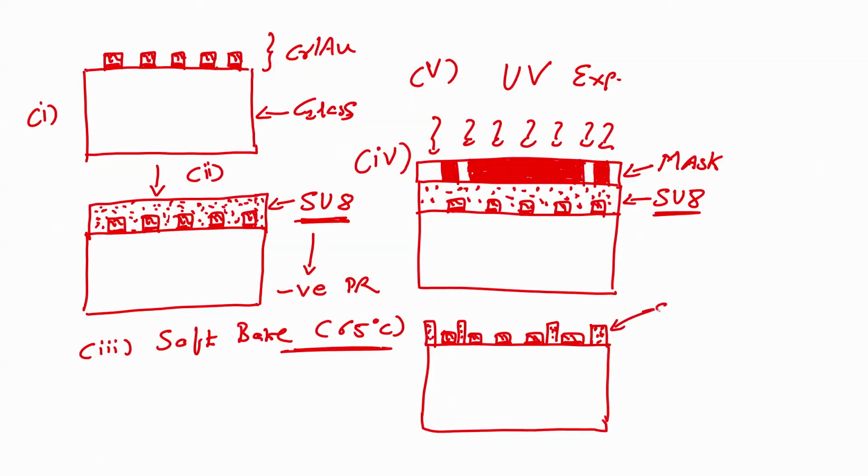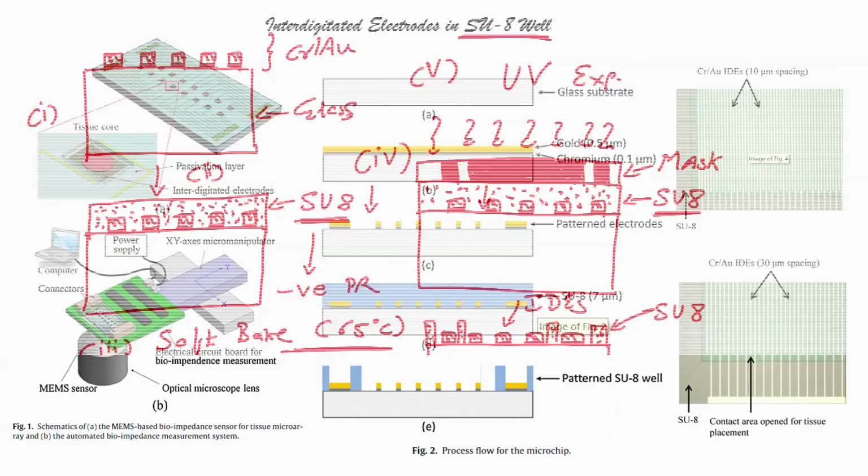So, this one would be my SU8, this one would be my interdigitated electrodes, and this is my glass, right. So, when I perform this experiment, what will I get?